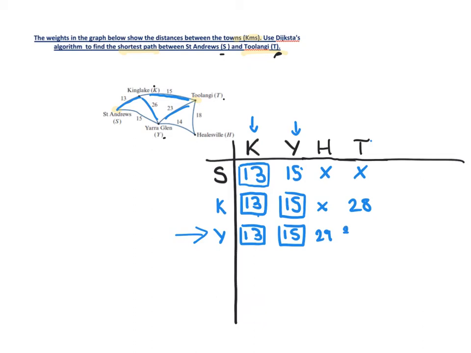So we go 23 plus our value for Y, which was 15, which is going to give us 38. All right, 38, look at the number above it. It's 28. It's smaller than 38, so we are actually going to bring our 28 down and put that just there. Cool. For that row now, we put a box around the smallest number, which is 28.